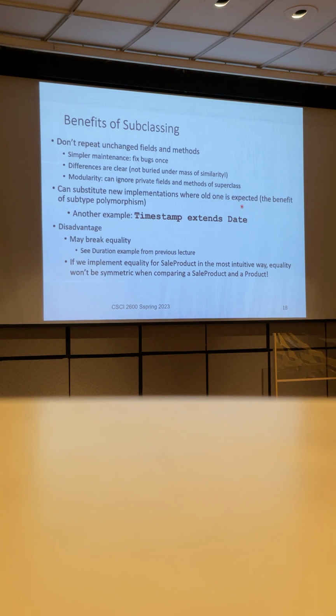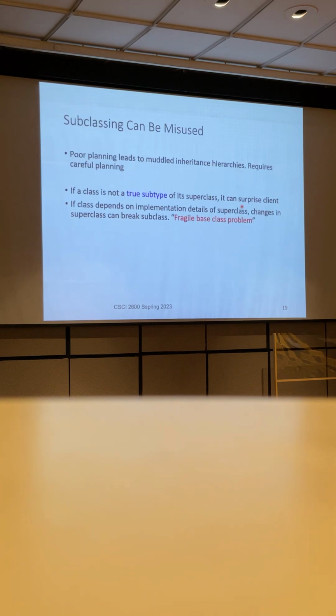And of course there are disadvantages. The code may break quality. Remember our problems with duration earlier; that is one of the potential issues. Subclassing can be misused, and if you do not think thoroughly about your inheritance hierarchies, you might find some very subtle bugs, and an example is coming up.